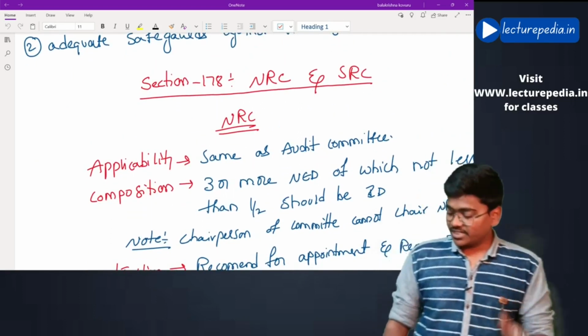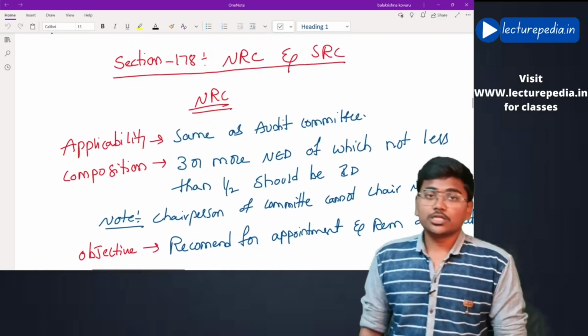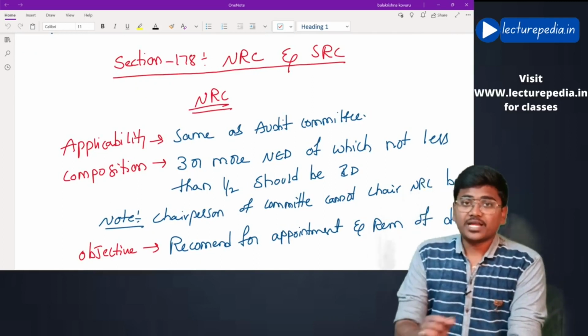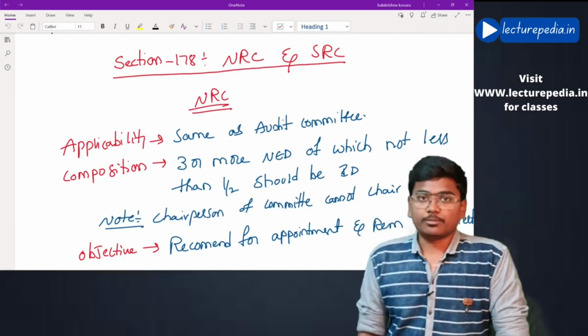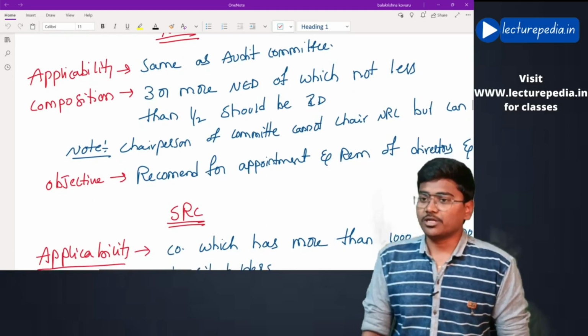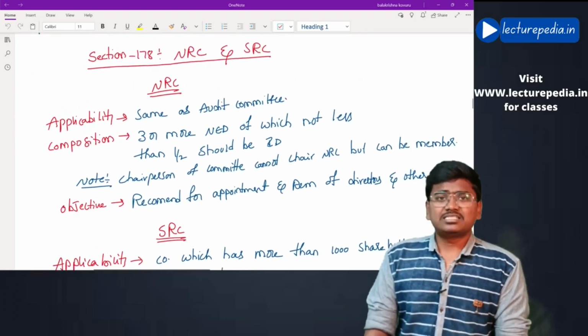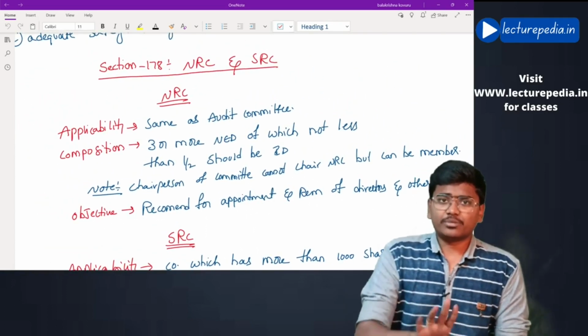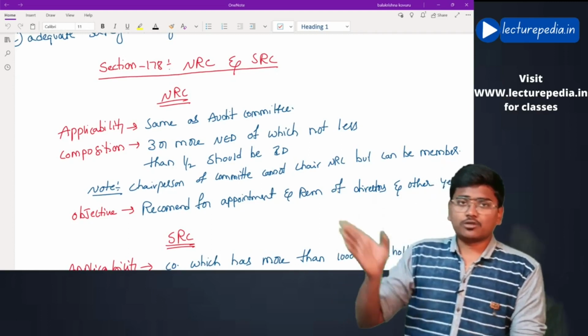Moving to section number 178, which deals with the nomination and remuneration committee and the stakeholder relationship committee. First of all, we'll see the nomination and remuneration committee. The applicability is the same as the audit committee, that is, all listed companies and all unlisted public companies which fall into that criteria.